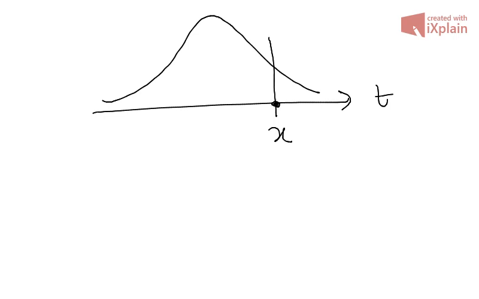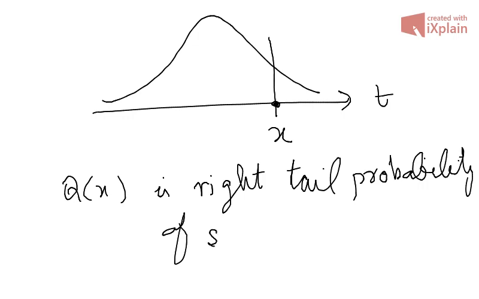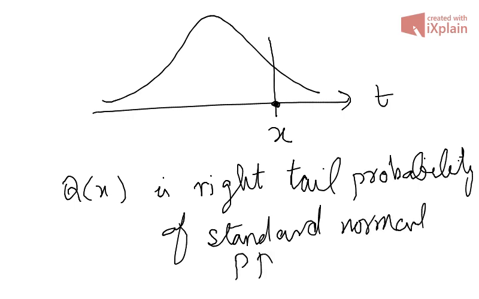So Q(x) is the right tail probability of the standard normal PDF.